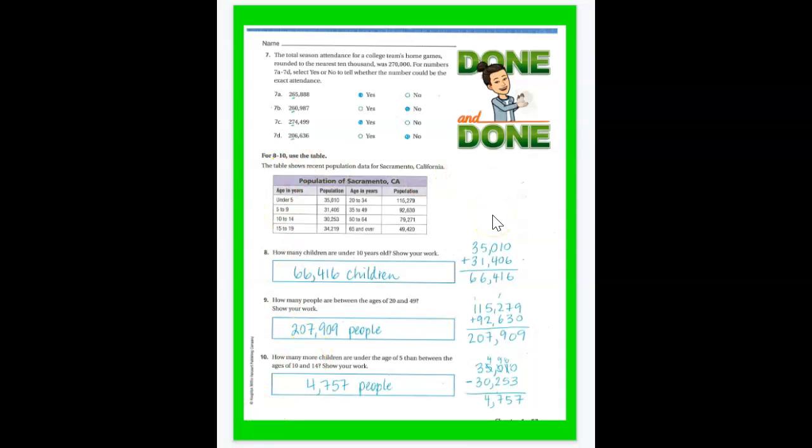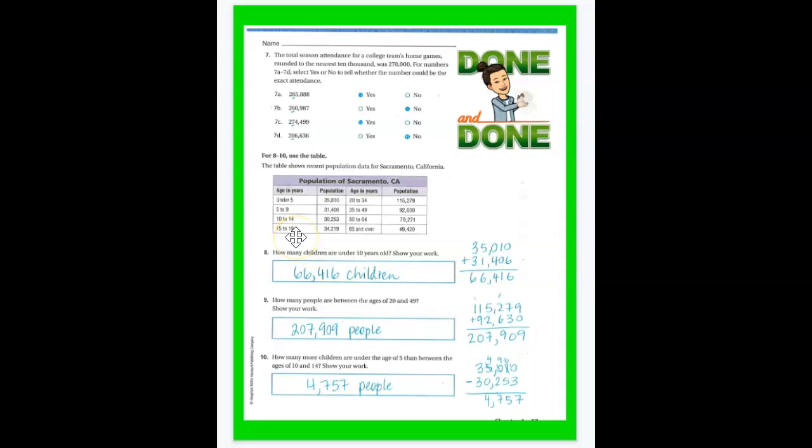Number 8. It is asking us to use the table. For questions number 8 through 10, this table will be the one that we will be using. It is the table that shows recent population data for Sacramento, California. This is the age, population, age in years again, and this is population again. So, number 8, how many children are under 10 years old? Show your work. I'm going to go up over to the chart, and I know that this is 10 to 14, 15 through 19.